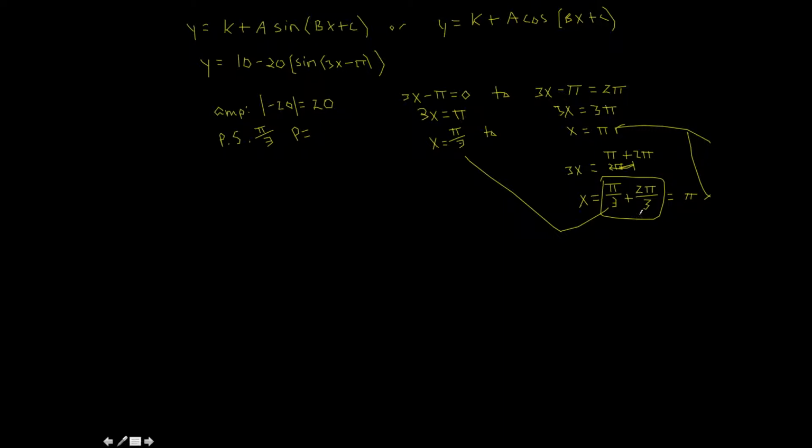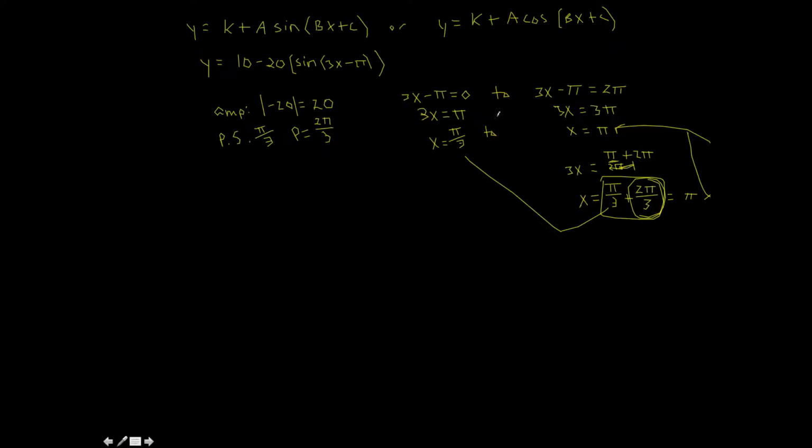Remember, this is why we leave it separated, because the period is that second number there. That's why we always leave 2 pi second, because that's going to give us our period. So when we added this pi to both sides, notice I added it to the front. I didn't add it behind 2 pi. We're doing that so we keep our period second. Keep the period second. So our period is 2 pi over 3.